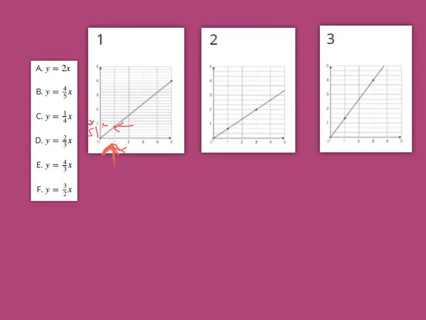This point is at the 4th one of those parts, so that would be K equal to 4/5. And then when we write the equation, it's always Y equals K, in this case Y equals 4/5 X. And you can see that that one is right there. So we know that 1 is going to be equation B.